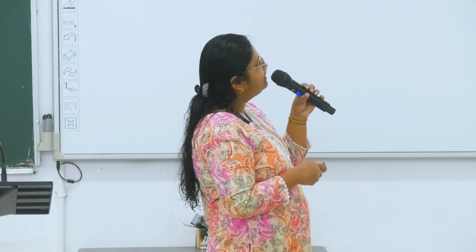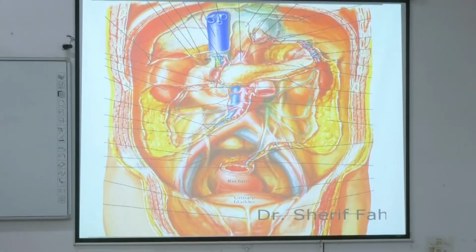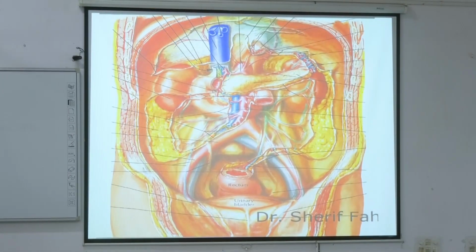Next, see here. This is the vena cava, here is the abdominal aorta. This is the third part of the duodenum, here is the pancreas. Root of the mesentery we will also see, these are the superior mesenteric vessels. The left renal vein also lies here, this is the kidney. So all these lie anterior to the abdominal aorta.